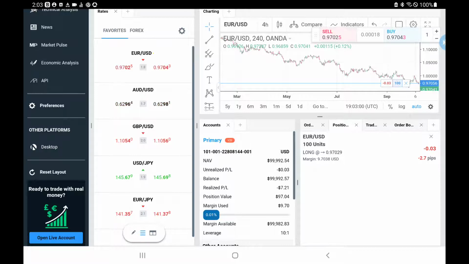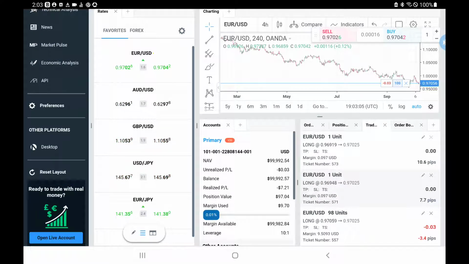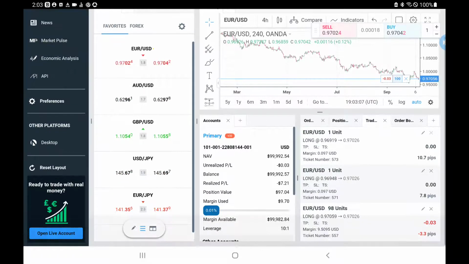And as you can see through trading, the trading tab, the oldest unit here. Remember, this is a FIFO-based broker. So our oldest unit was 100 at the purchase price of $97.05.